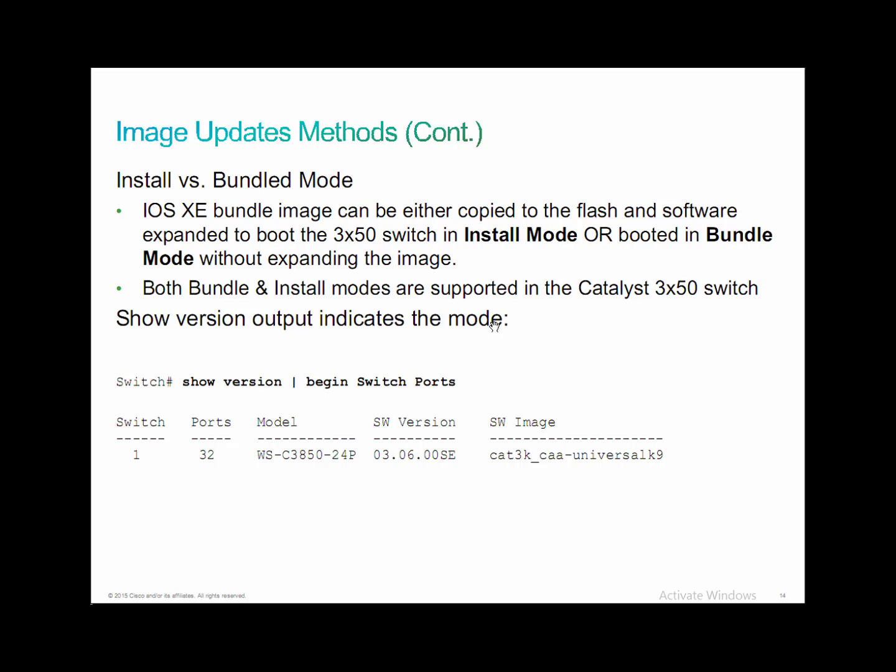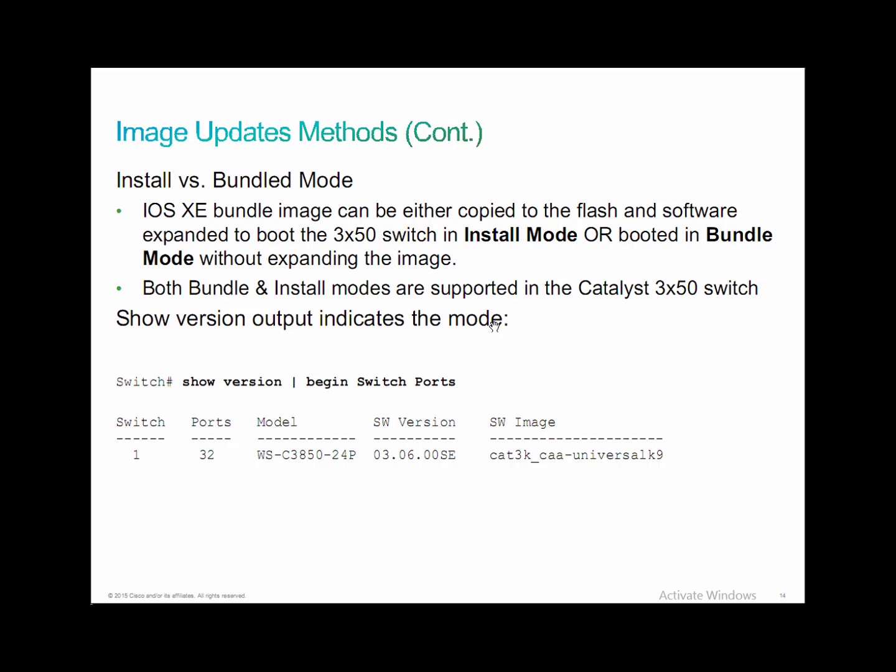When I describe what this is, I think it'll make more sense as to why it's even called bundle mode. The image is booted from flash, and booting the 3850 switch in bundle mode is like booting any kind of Cisco IOS device. That means you're basically going to boot all of the modules together, so that all the modules are active and so on.